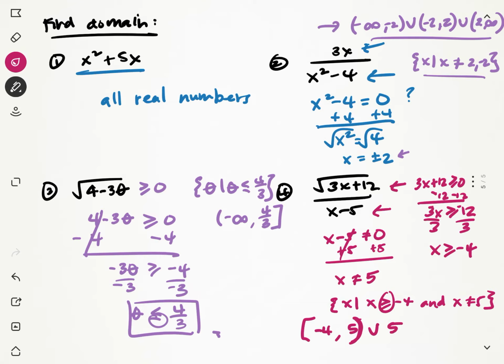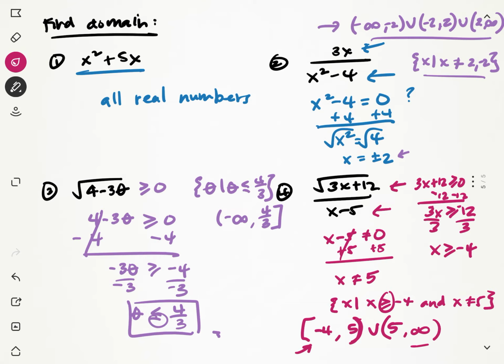And then from 5, because anything bigger than that should also be good, from 5 to positive infinity. So when you're setting up interval notation, if there's no restrictions on the ends, just make sure that it goes to infinity on the right and negative infinity on the left. The reason why we don't go to negative infinity on this one is because we have the radical and everything's got to be greater than negative 4.